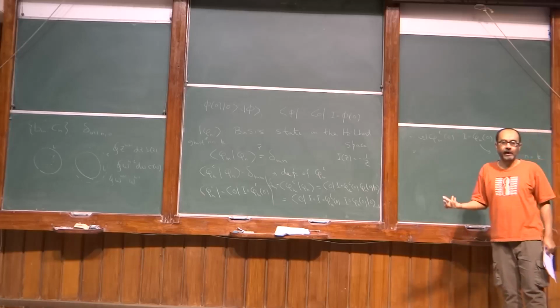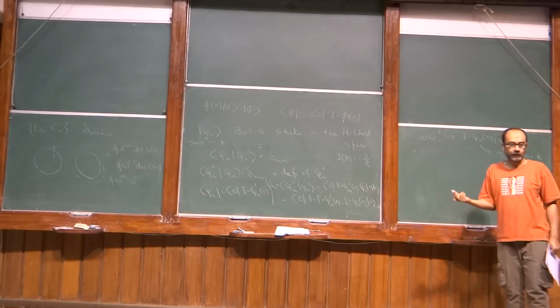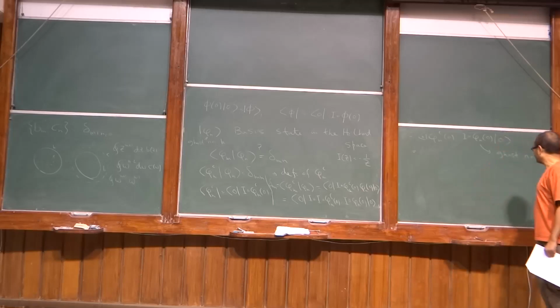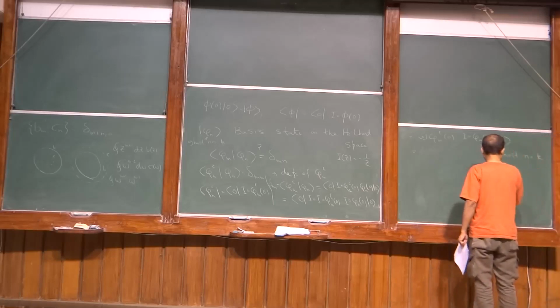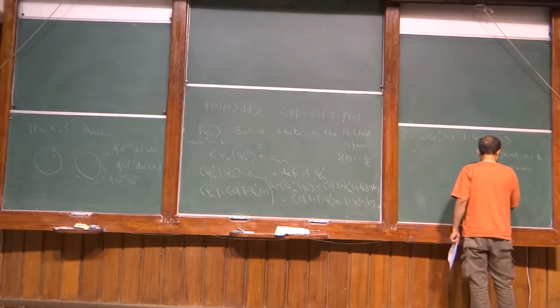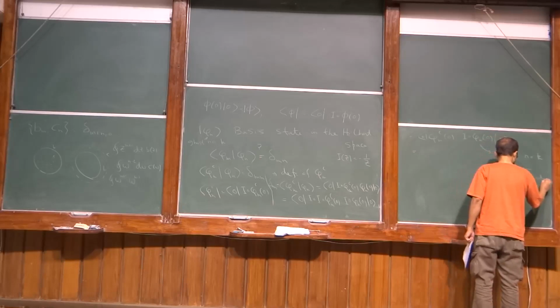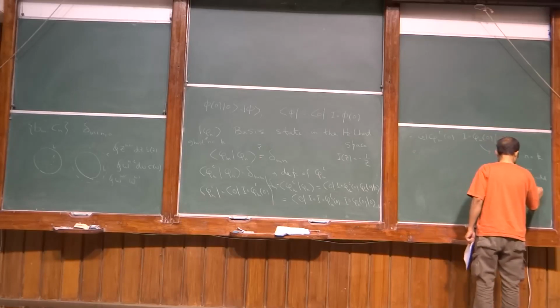If you want a ghost number 3 operator, for example, you need 3 c's, or 4 c's and 1 b, always an odd number of anti-commuting operators. So the Grassmannality depends on k: Grassmann odd if k is odd, and even if k is even.